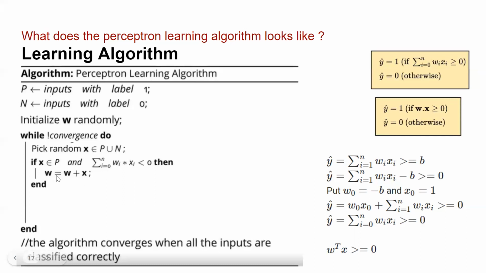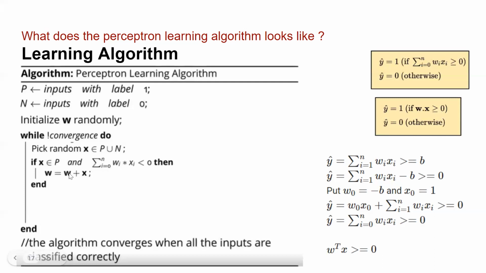That means the weight will be updated by subtracting the corresponding observation from the weight, right? So my weight will get X added when actually the target was 1, but my model said it will be 0.